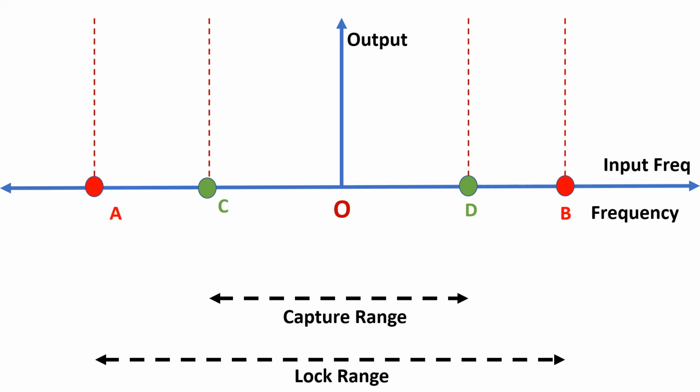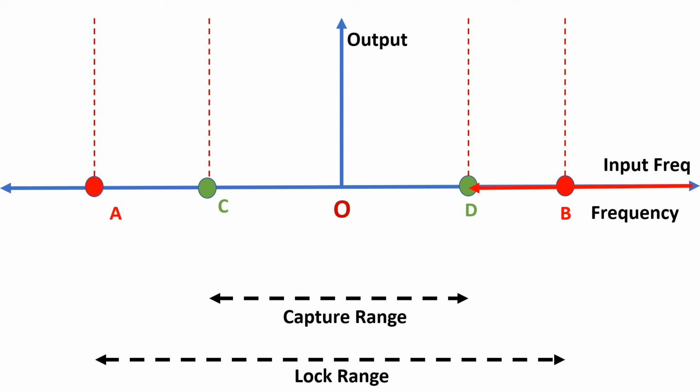On backward pass of input signal frequency, if input signal frequency is greater than point B, PLL does not track the input signal frequency. Once input signal frequency crosses point B, PLL starts to track or compare input signal frequency with local oscillator frequency.